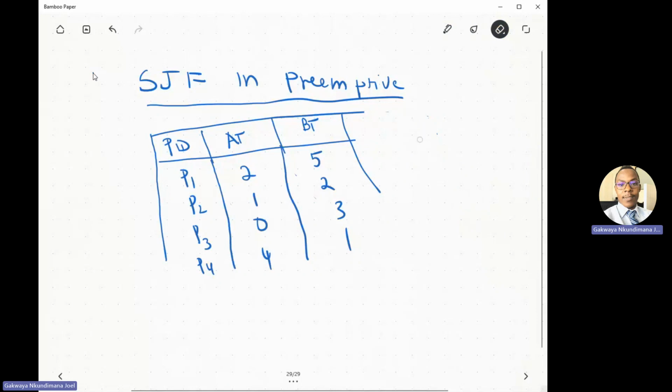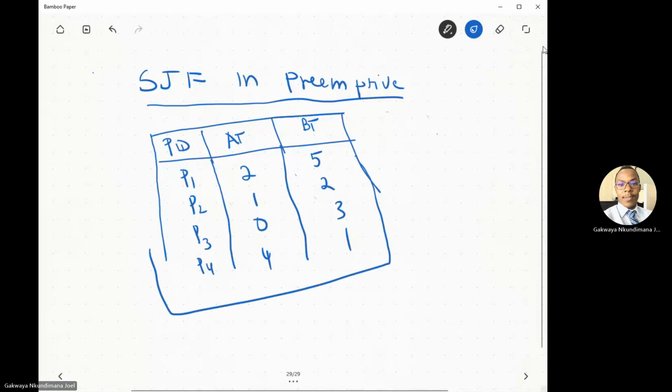So in this mode, what do we need to check? We check the process which has the shortest burst time. But you cannot start to check the burst time without looking at the arrival time.